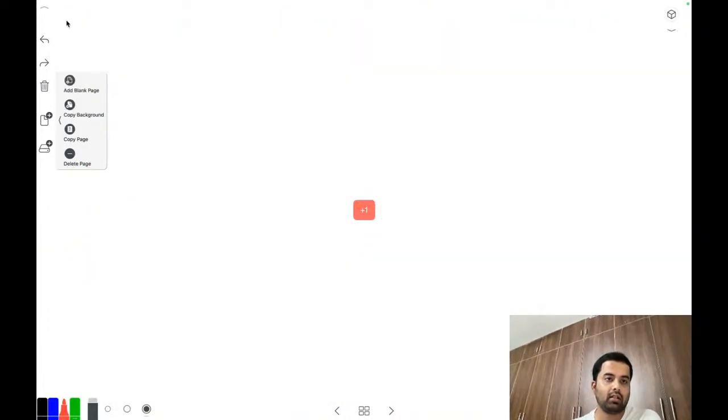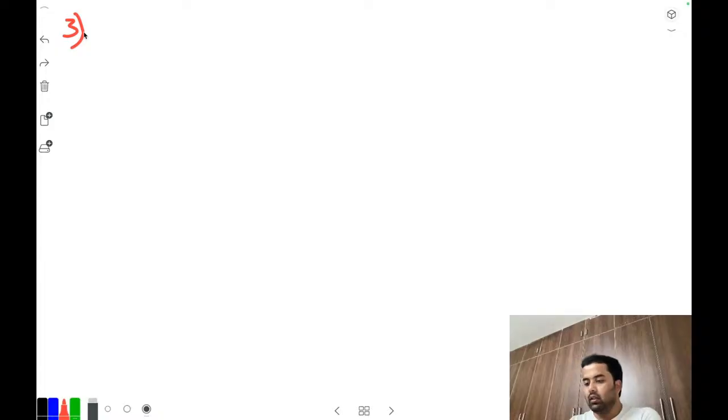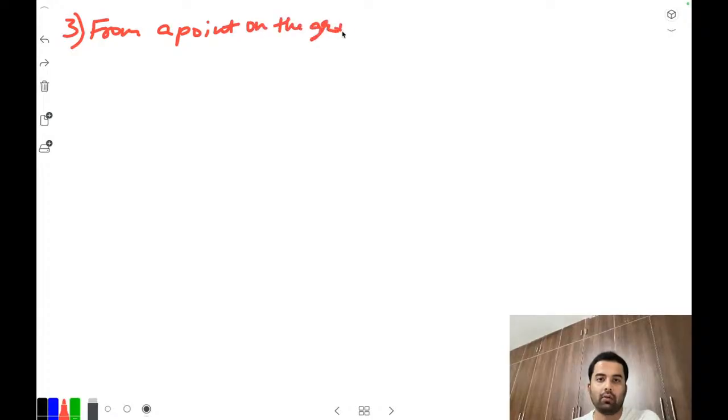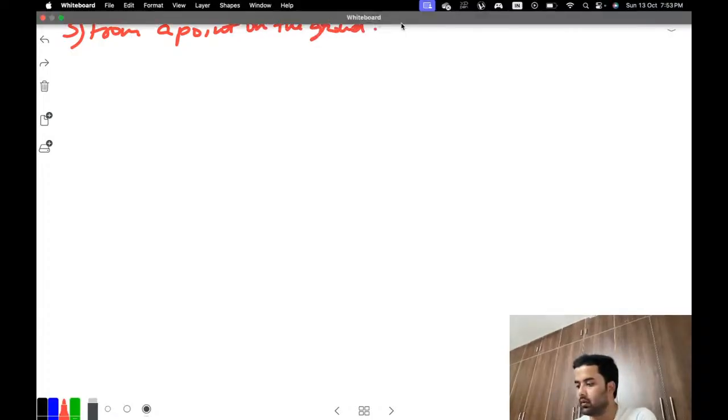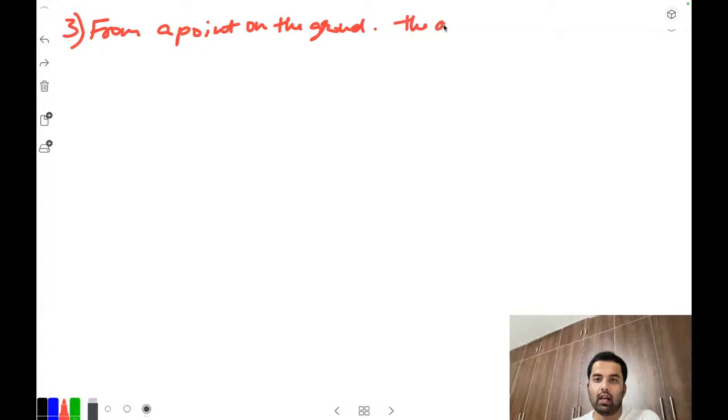Question number 3. Okay, question number 3, last question for this section. Question is, from a point on the ground, the angle of elevation, okay, at least you understood what the elevation is.